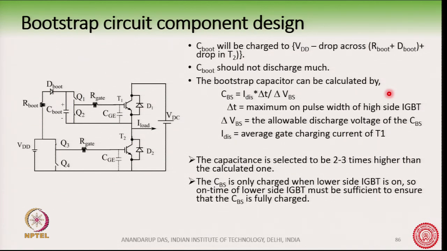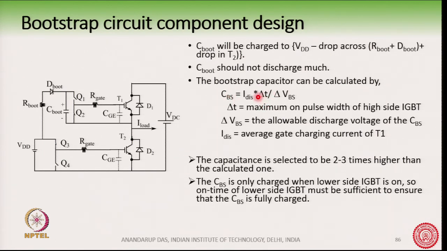So, this bootstrap capacitor can be calculated. C bootstrap, or the C boot, is equal to I discharge times delta T divided by delta V bootstrap. How long will it discharge?